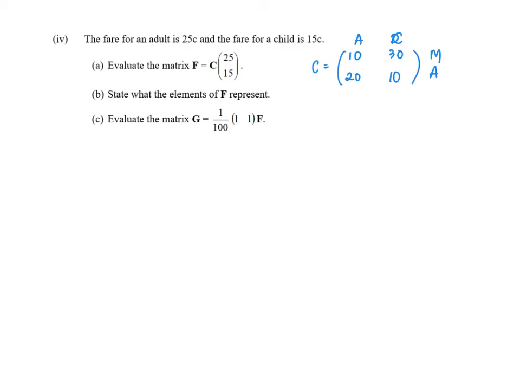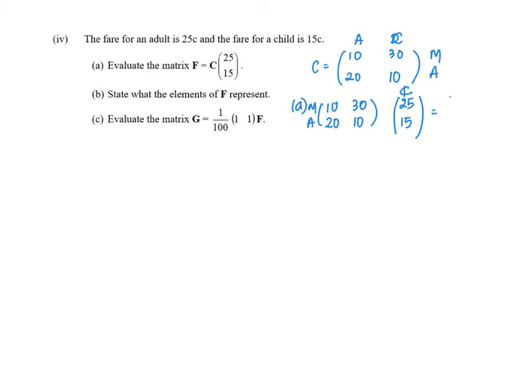So now they're asking us to evaluate FC. So that will be taking this matrix and multiplying it to the cost, 25 cents, 15 cents. So this is in cents, and this is morning and afternoon.